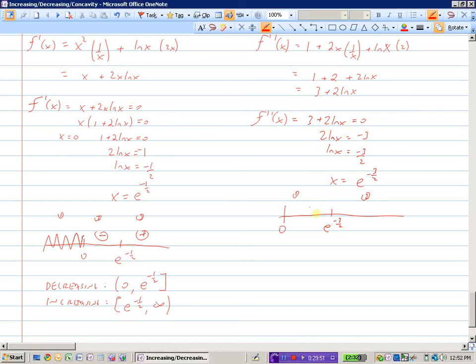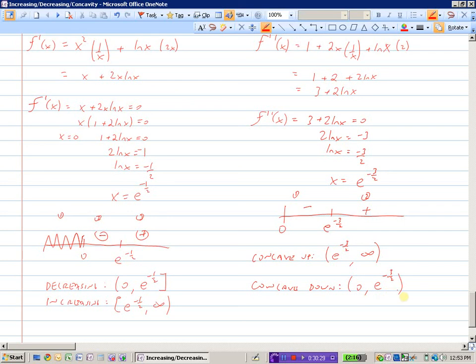And now testing a number that is greater than e to the -3/2, such as 10, is going to give me clearly a positive value when I substitute it in. So this graph is concave up on this interval here, from e to the -3/2 to infinity, and it is concave down where the second derivative is negative, and that's on this interval here.